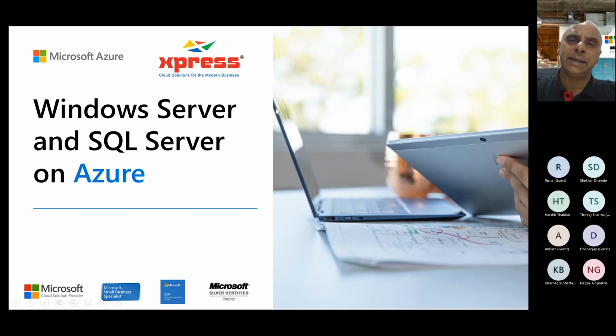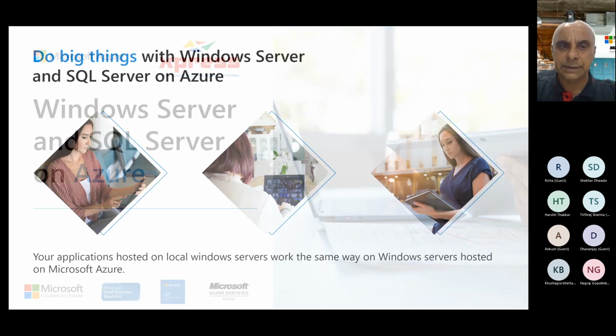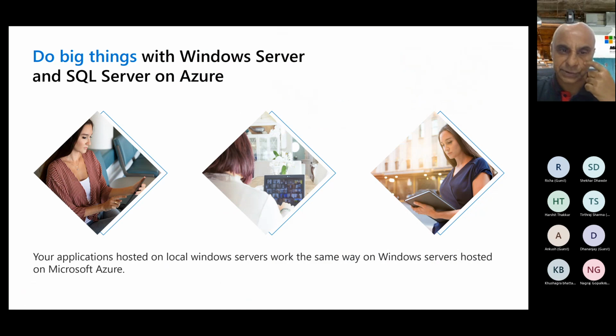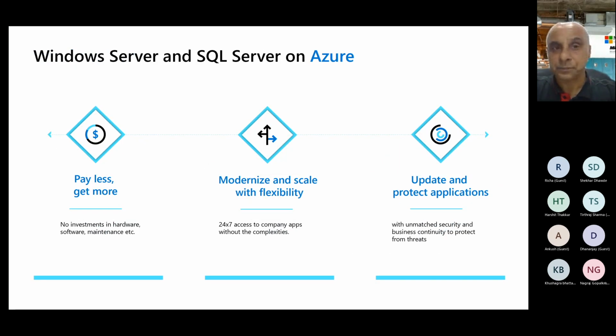You can simply migrate these applications to Azure. That is, move your Windows and SQL to Azure, and then it literally works the same way that it did on your Office server. But now people are able to access all your applications wherever they are. They don't need to connect through RDP, VPN, nothing. They can literally just connect to the internet and have access to your Office applications.